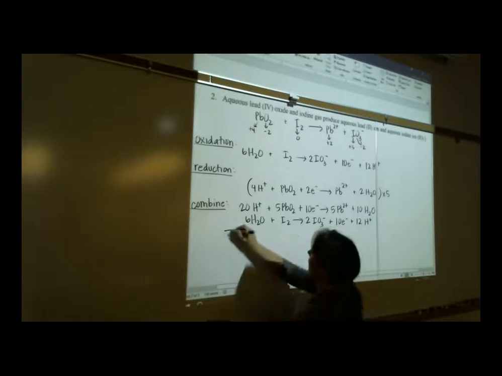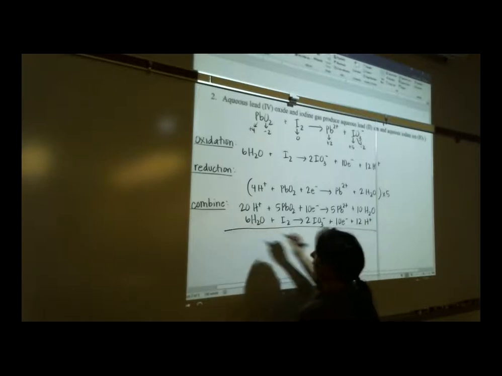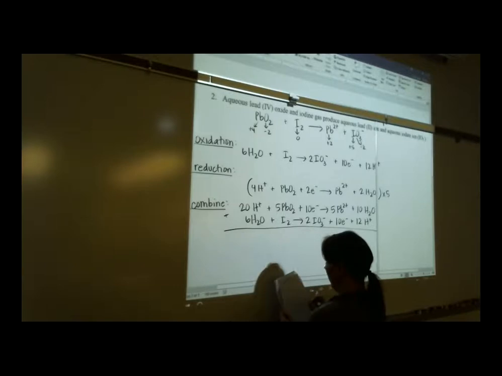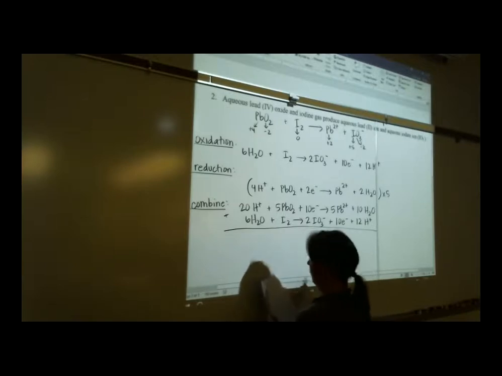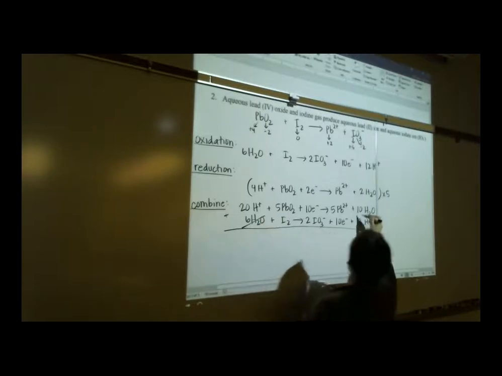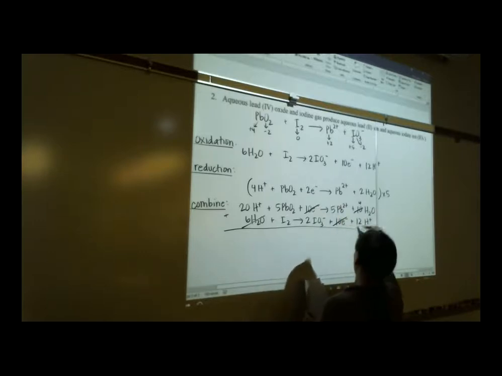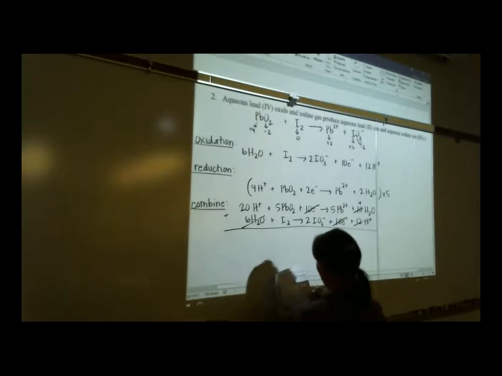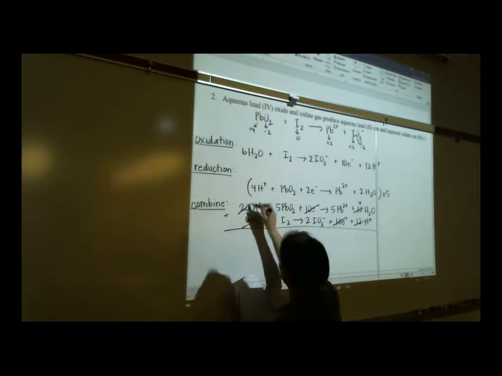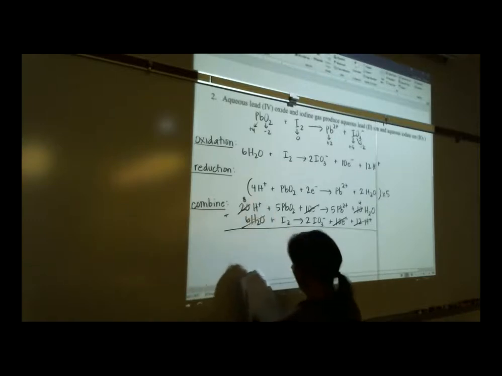Now let's add those up. What do we get? All right, with our H2Os, we've got some reduction to do. We've got 6 here, 10 here, so that's 4. Obviously, our electrons are going to cancel. We've got 12H+ here and 20H+ here, so that becomes 8.